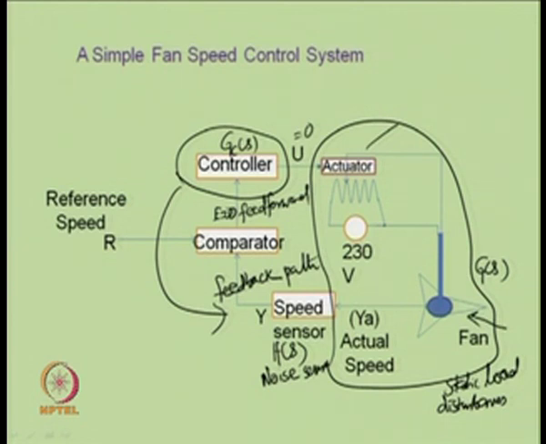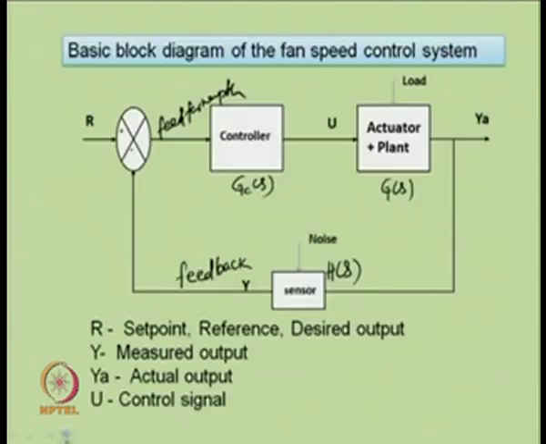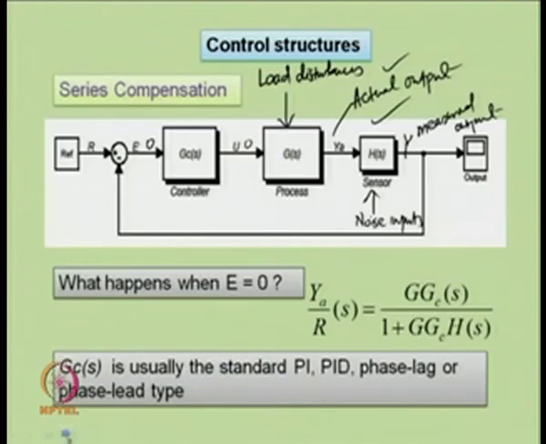One does not require the controller in the loop when we are getting the desired speed from the fan, but the input to the fan is not disrupted. Rather, the control signal equals 0, therefore the actuator may not be acting, whereas the fan is in action and giving us the desired speed. So, when E equals 0, the process still goes on working.